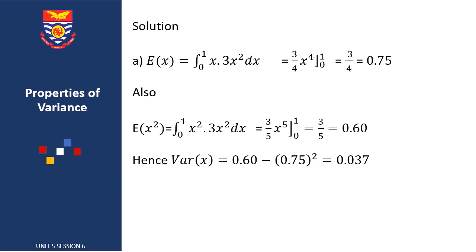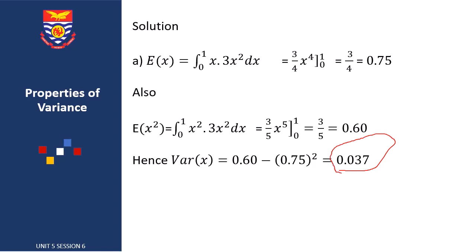Also finding the expectation of X squared gives us 3 over 5, that is 0.60. So the variance will be 0.60 minus 0.75 squared, which gives us 0.0375 as the correct answer. Quite simple, right?